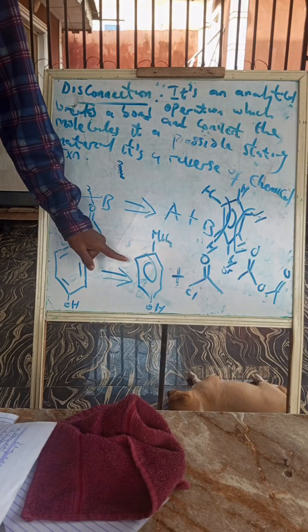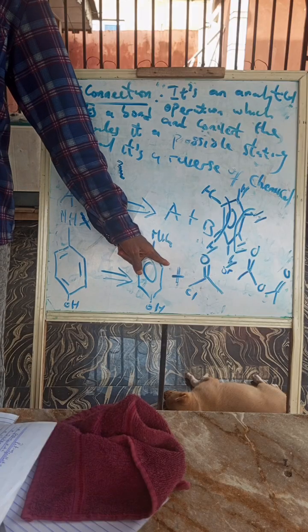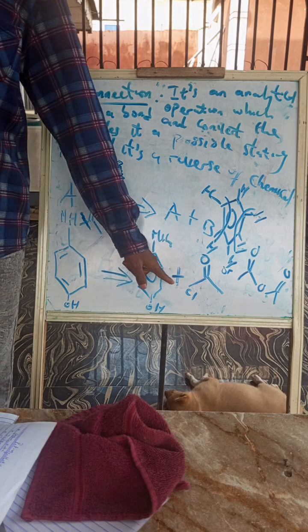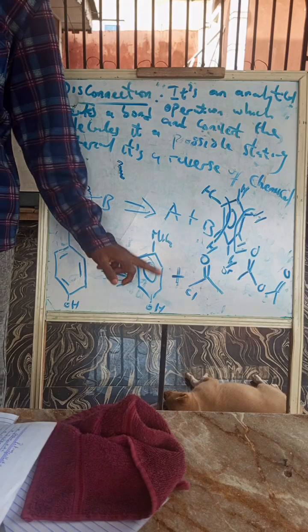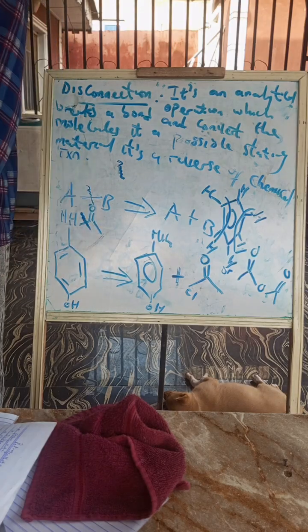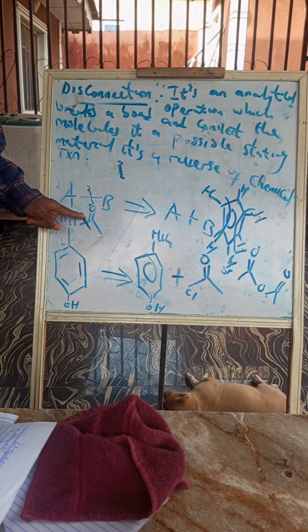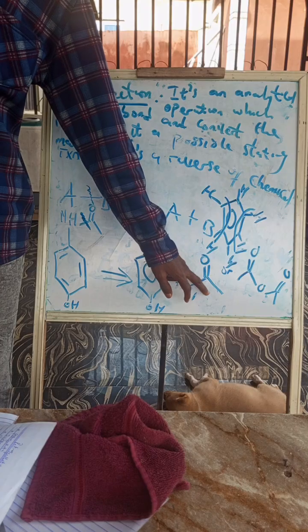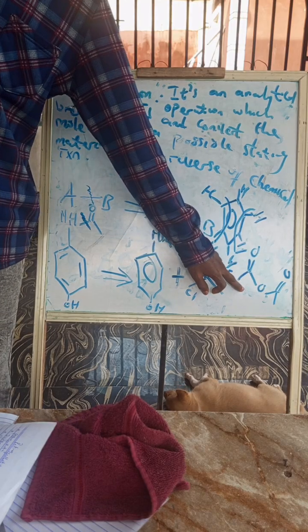If the groups are adjacent, they are in the ortho position, and one position further is the meta position, but here they are facing each other, so this is the para position. After proper disconnection, that is disconnecting the ketone group from the amine group, we are left with this, and we have our ketone group here. So either you have this or you have this.